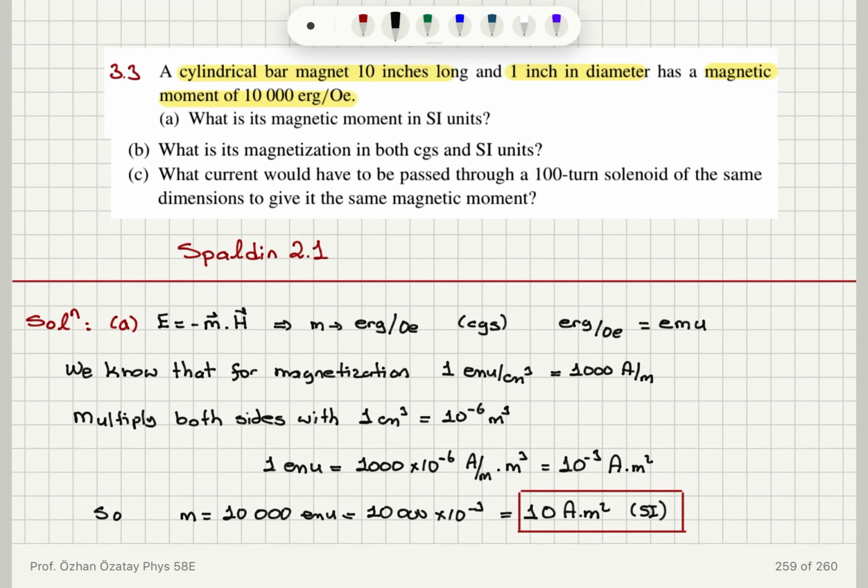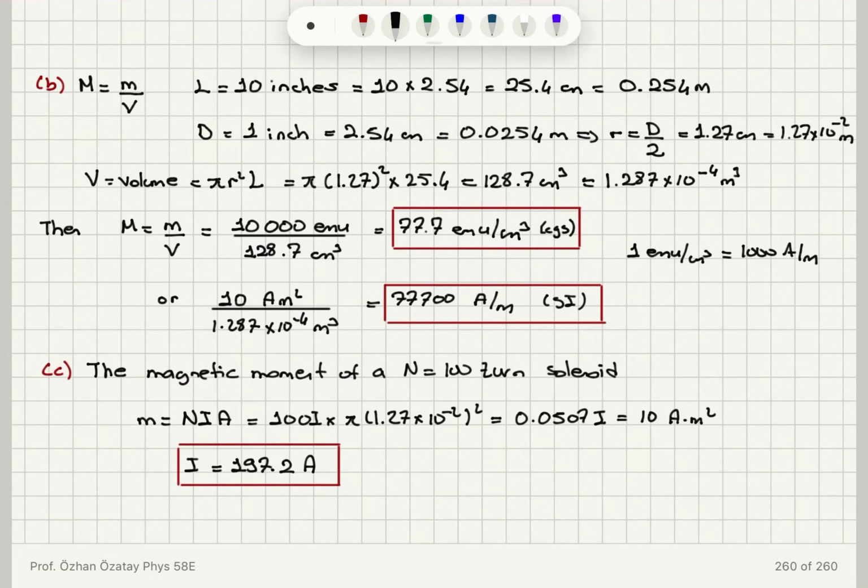This is a conversion we know, we have derived in the lectures. And if I multiply both sides with 1 centimeter cube, which is 10 to minus 6 meter cube, I find that 1 EMU is 10 to minus 3 ampere meter square, or I can write this as 1 ampere meter square is 1000 EMU of magnetic moment. And so if I have 10,000 EMU, that means I have 10 ampere meter square in SI.